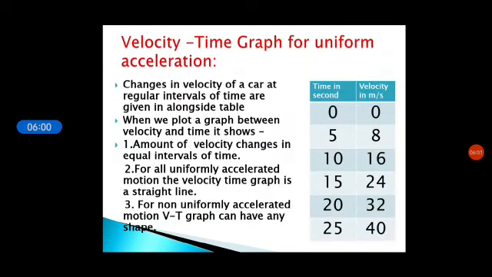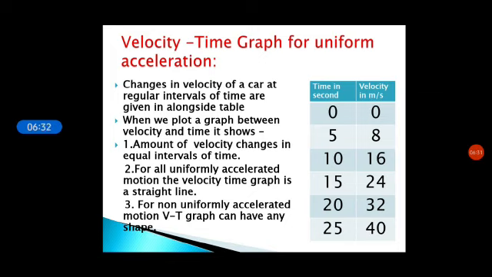After this, we are going to find out about the nature of the velocity time graph for uniform acceleration. In uniform acceleration, the velocity changes by equal amounts in equal time intervals, that is uniformly accelerated motion. Hence, if a graph is drawn of velocity against time by taking time along the x-axis and velocity along the y-axis, the nature of the graph is a straight line.